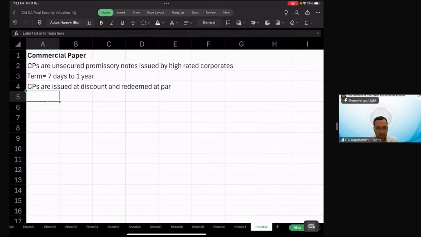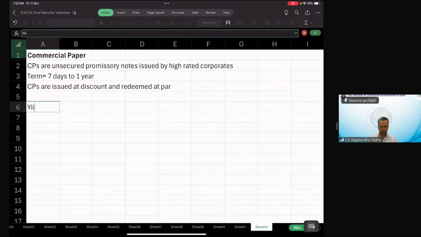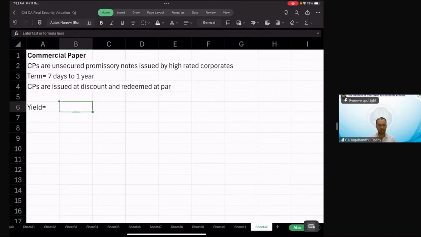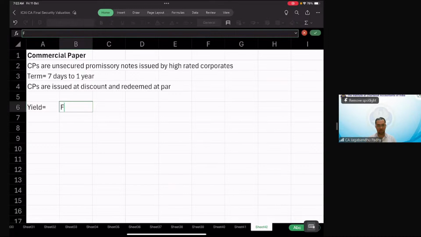Now here again, the calculation of yield happens on similar lines. Yield is basically the face value minus the sale value, which is the difference, and this component indicates the amount of interest that you as an investor are earning.